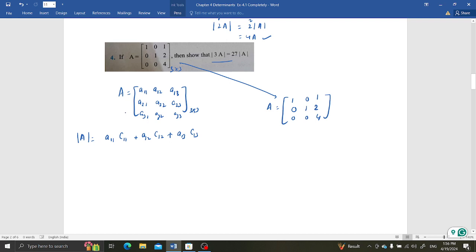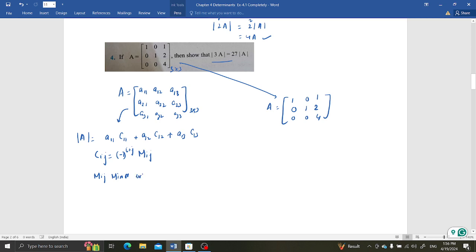That is the determinant of A. And what is Cij? Cij is minus 1 raised to the power i plus j times Mij. What is Mij? Mij is the minor.